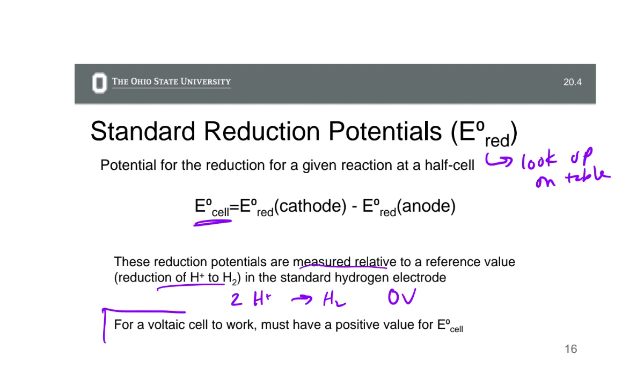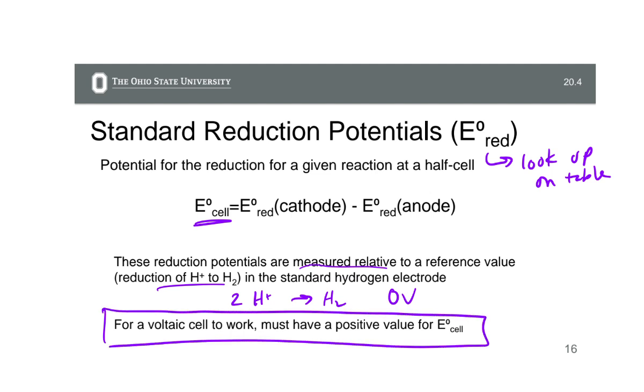This is an important statement here. For a voltaic cell or galvanic cell to work, it must have a positive value for the cell potential. Okay? So when you're looking at these problems and you know that you're working with a galvanic cell or a voltaic cell, you know the cell potential has to be 0 or positive.